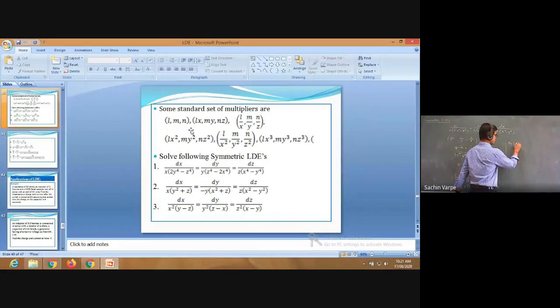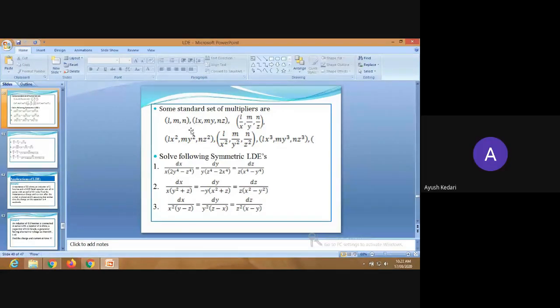That is not xyz, it is xyz square, because 2 log z is log of z square. So log of x into y into z square is equal to log of c1, and therefore by taking exponentials on both sides, x y z square is equal to c1. That is my first solution.